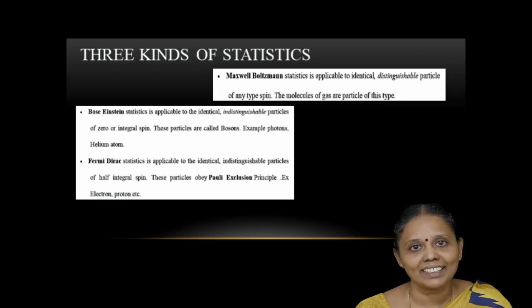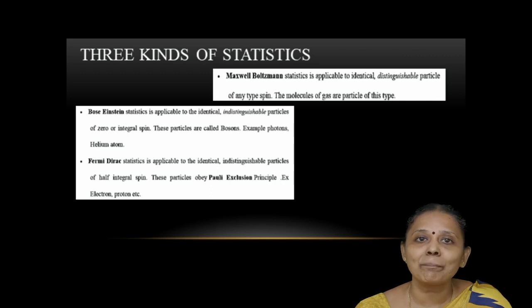And the third kind is Fermi-Dirac statistics. Here also it is applicable to identical and indistinguishable particles. Here the particles have half-integral spin and are referred to as fermions. Such particles obey Pauli's exclusion principle.